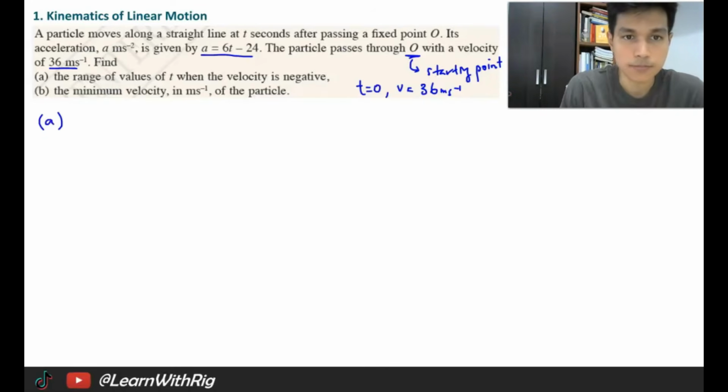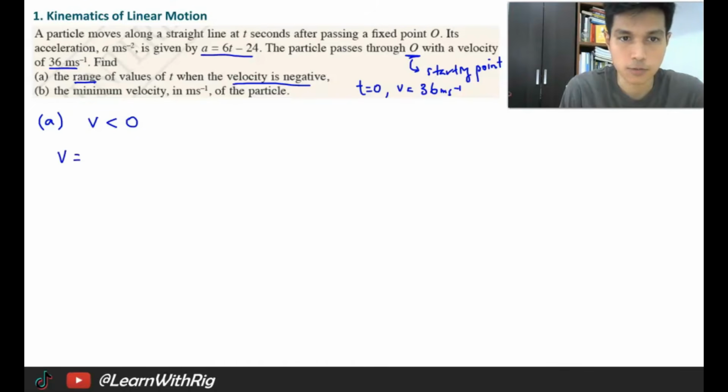So question A, find the range of t when the velocity is negative. When velocity is negative, you know v is less than 0, correct? The problem is you don't have the velocity function, you only have acceleration. So we have to find the velocity function. To find it, we have to integrate the acceleration.